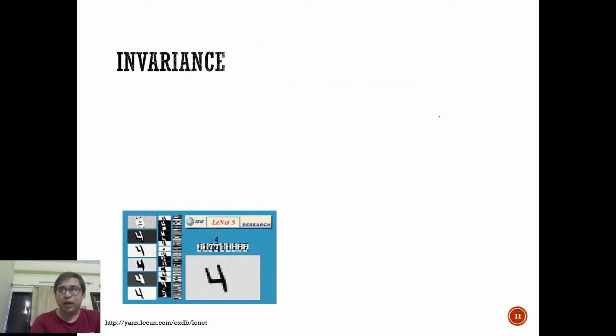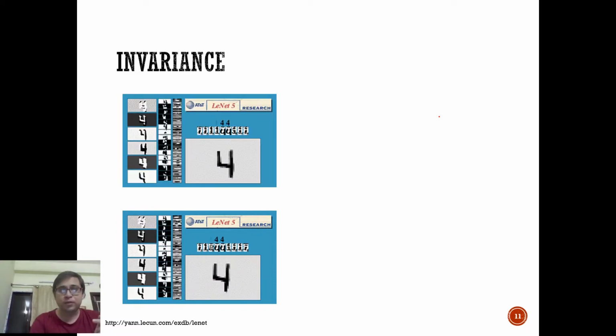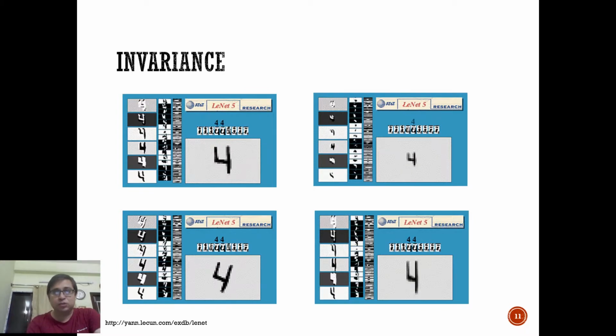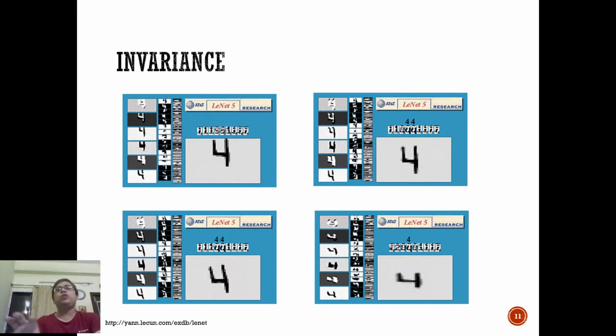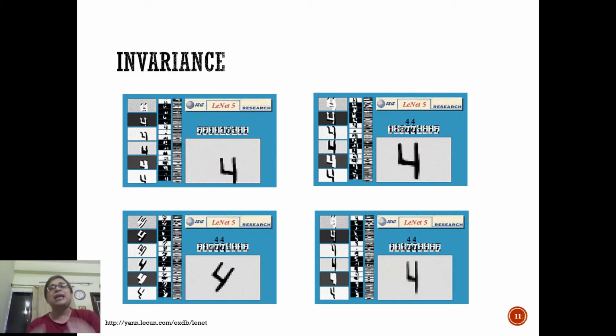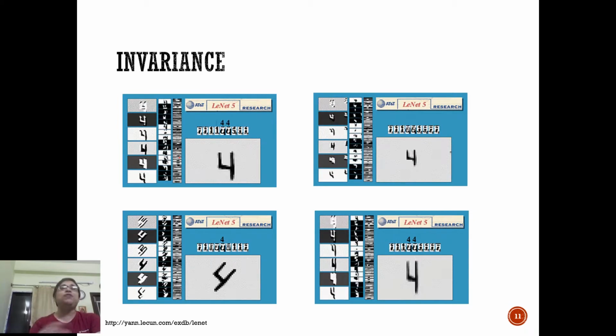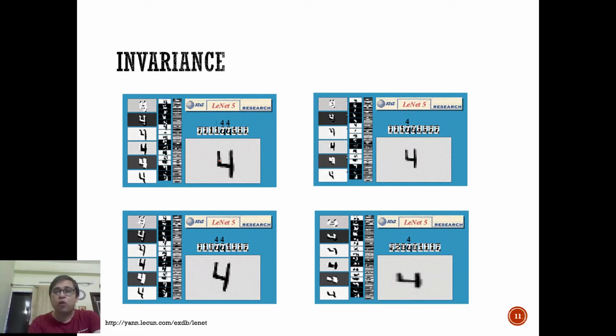All right, now let's look at some of the invariances that LeCun proposed. If you look at this particular image, the first thing shows translation invariance or shift invariance. Anywhere a 4 comes, it can identify it as a 4, because it is focusing on the structure.